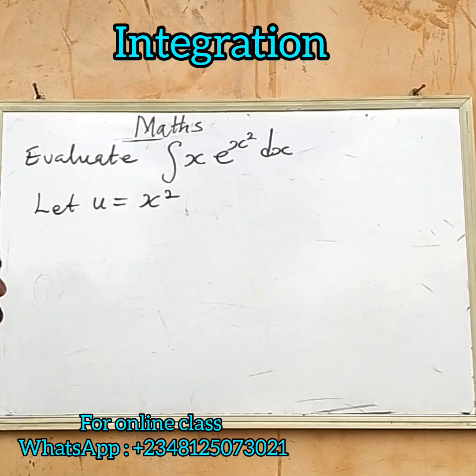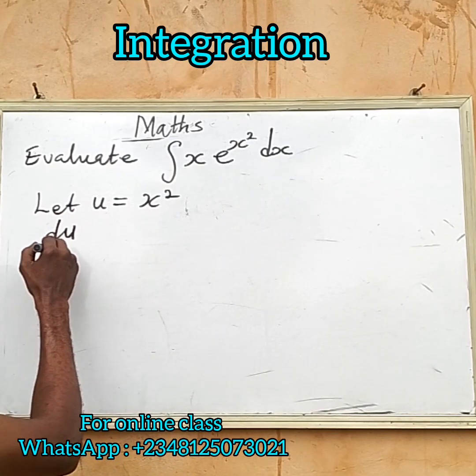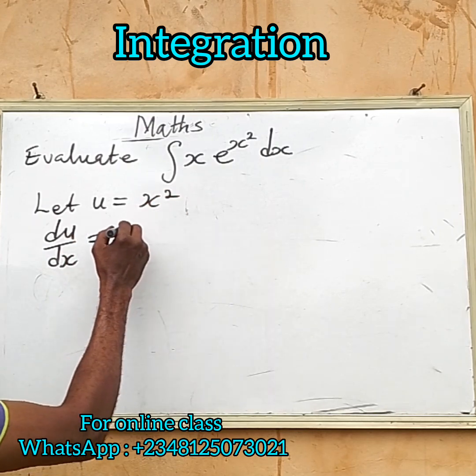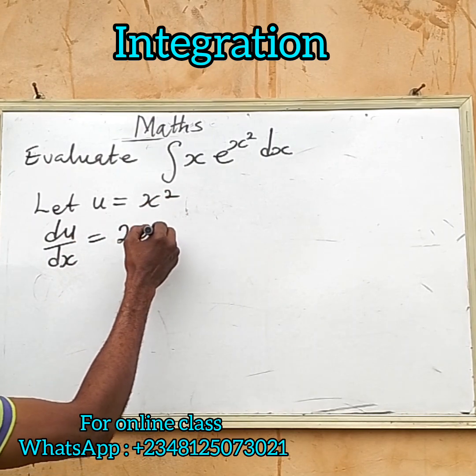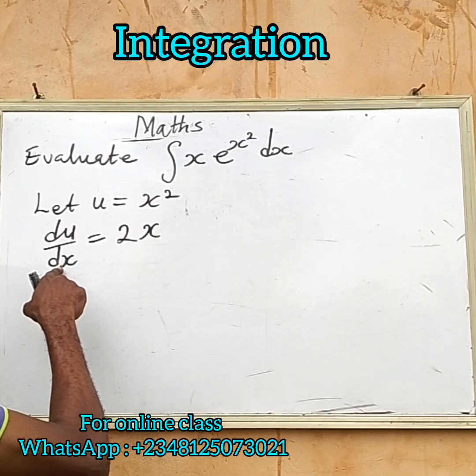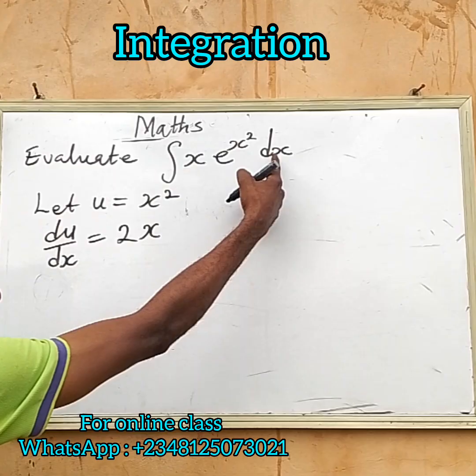Now we're going to differentiate with respect to x. We then have du/dx equal to 2x. So we want to make the dx the subject of the formula, so we can replace it here.